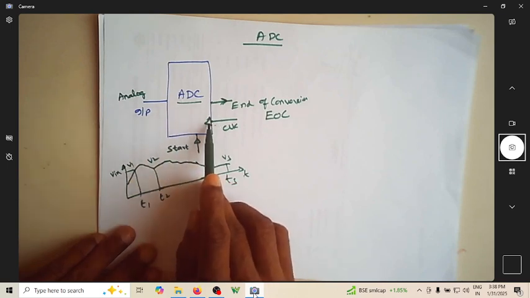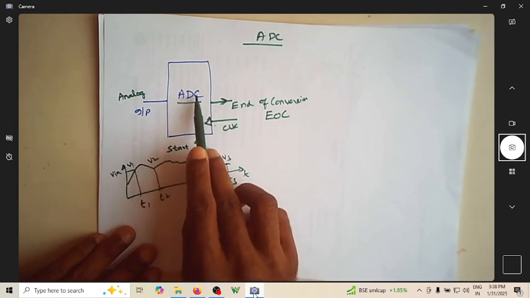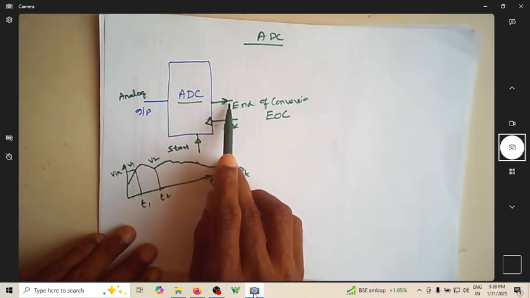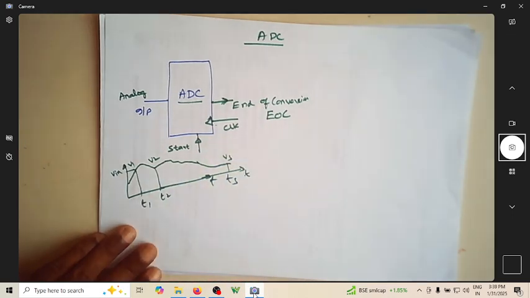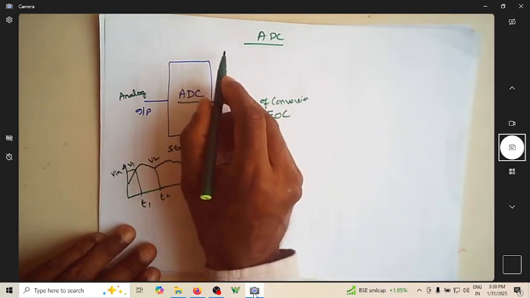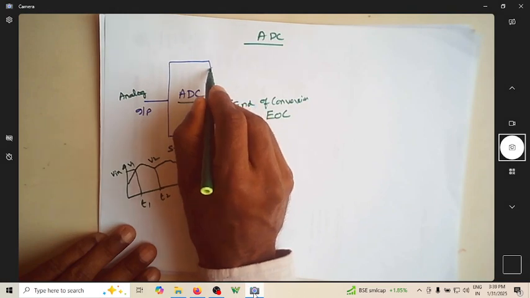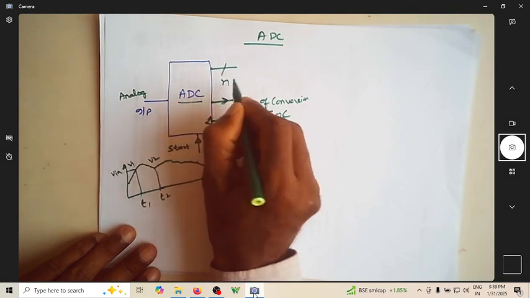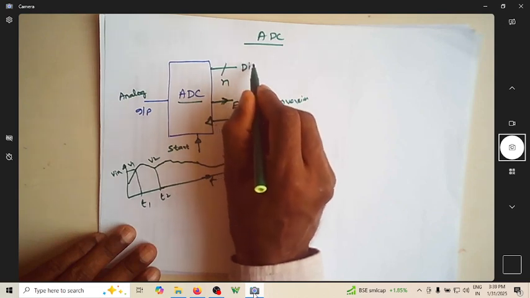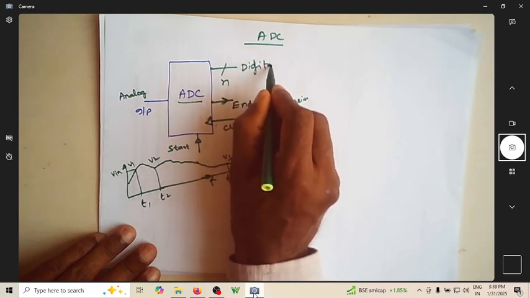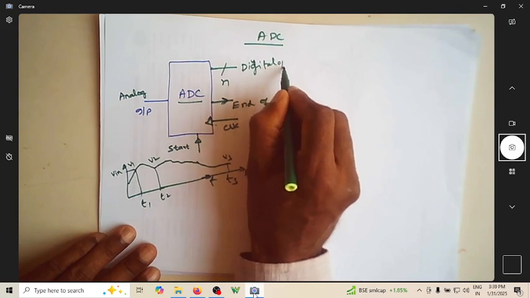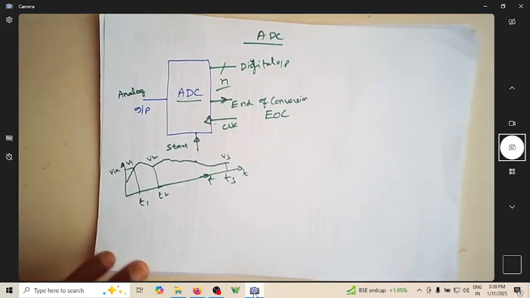After the end of conversion, it will give an indication that the conversion is done. Once the conversion is done, the output will be in the form of a digital output, which will be n bit.